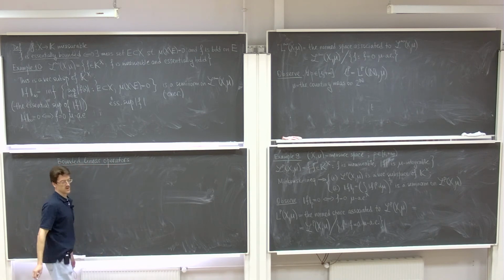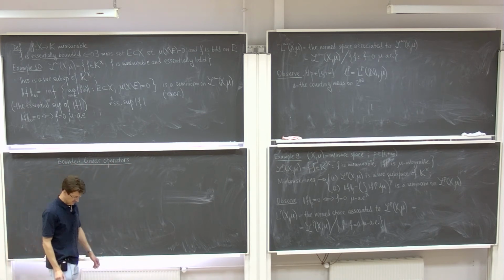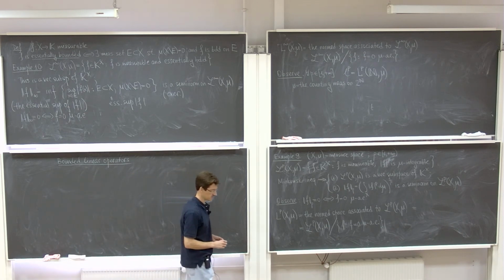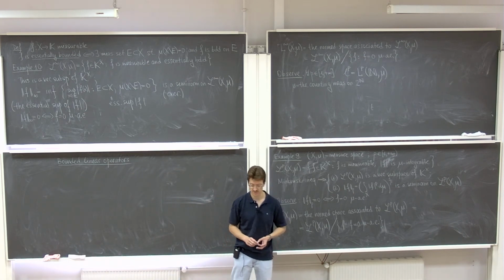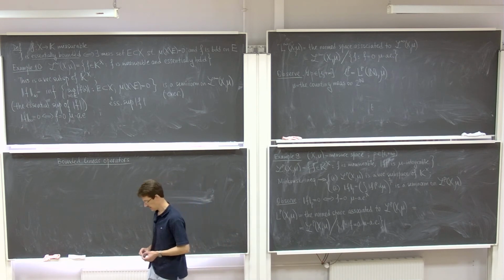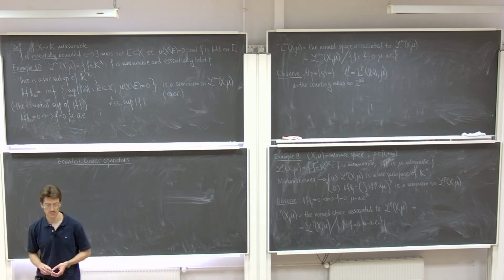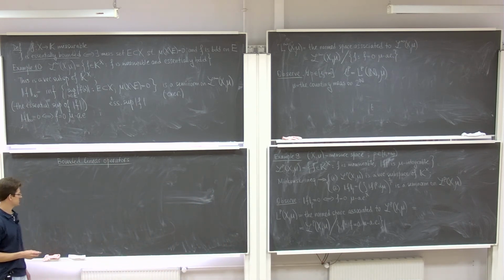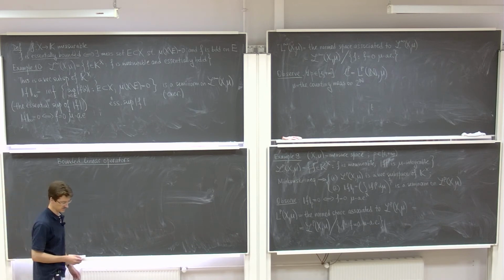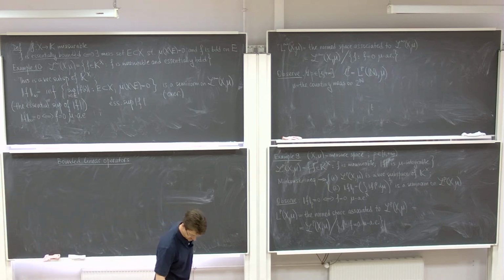Bounded linear operators act between norm spaces, and I have already said that sometimes they are even more important than the spaces themselves. And from the viewpoint of category theory, bounded linear operators play the role of morphisms in categories of functional analysis.